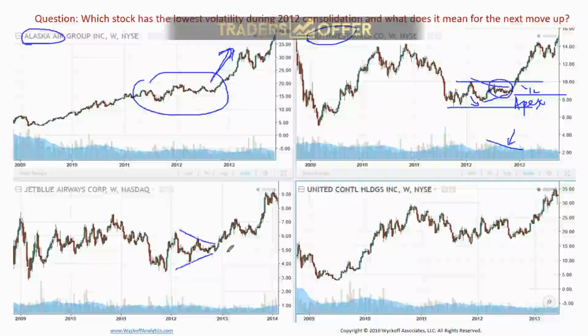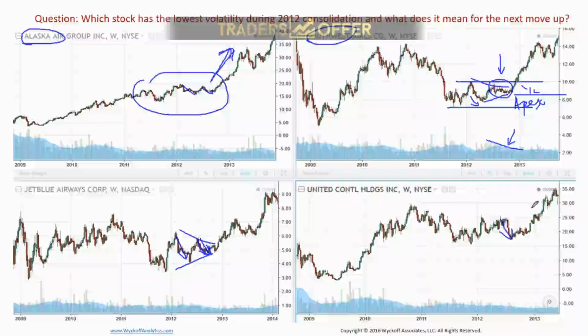And I understand for those of you who said that maybe JetBlue also has a lower volatility going into the apex, you are absolutely correct as well. But again, all of the down moves that we have here, compared, let's say, to Alaska, or compared to the latest moves in Southwest, are not going to be as low volatility events as, let's say, this last move right here in Alaska, and specifically in the United.